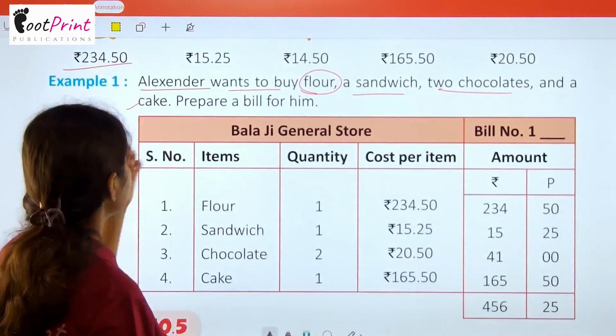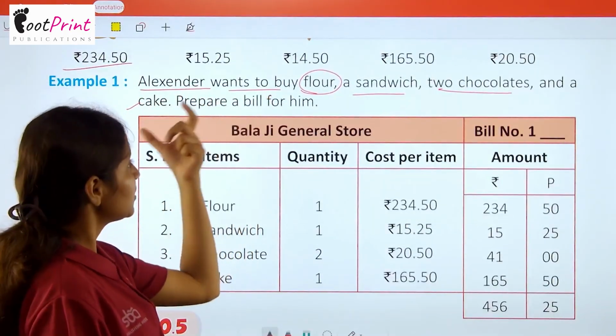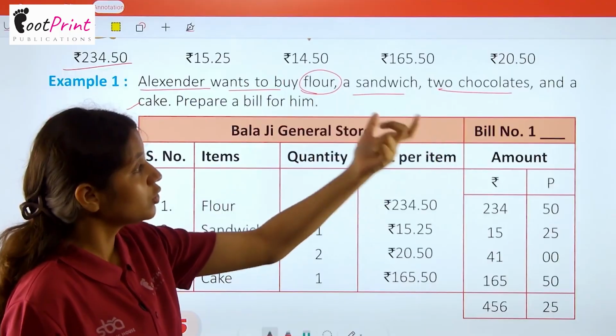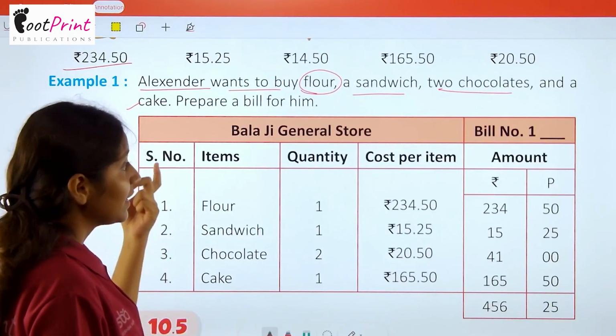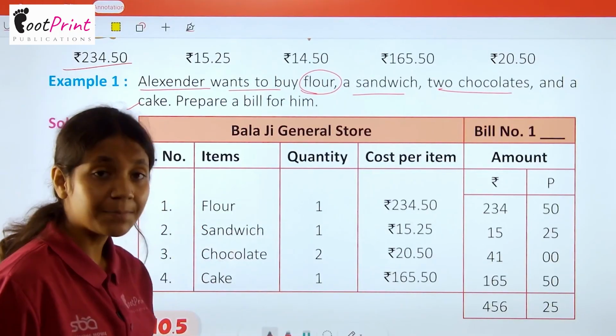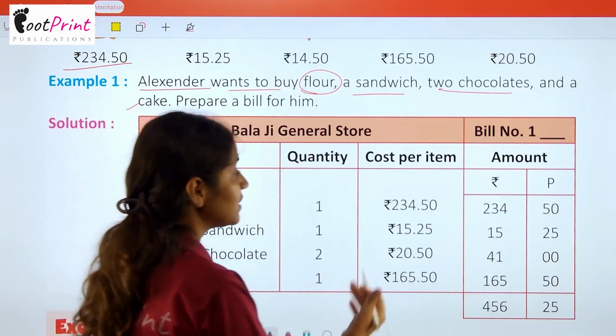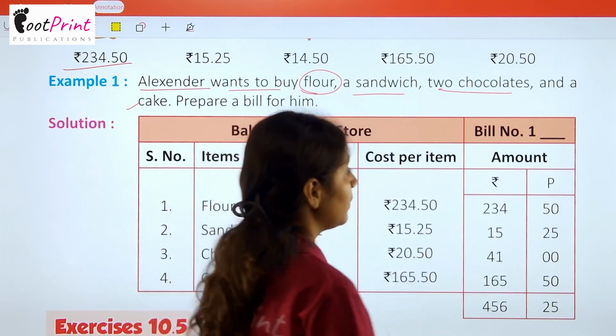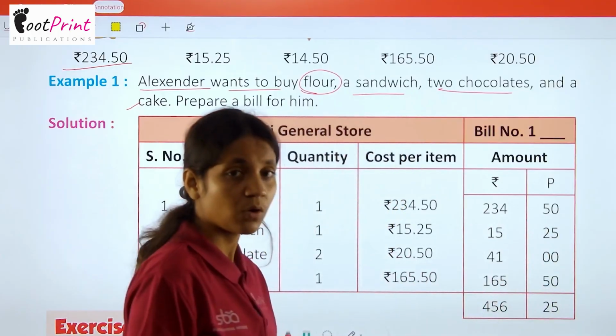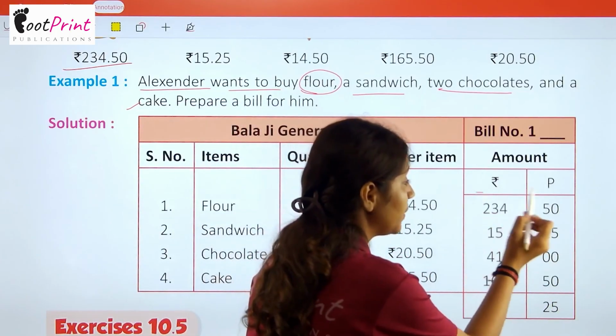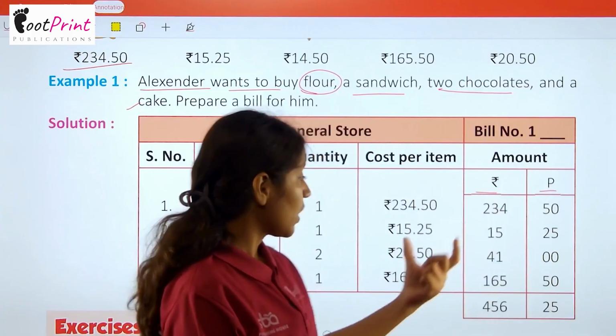So here a person named Alexander wants to buy flour, a sandwich, 2 chocolates and a cake. So you have to prepare a bill. You will make a chart: serial number, items, quantity, cost per item and amount. Here amount will contain rupee and paise columns. Then you have to write the value.